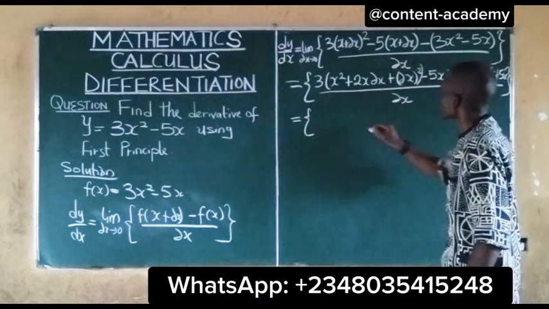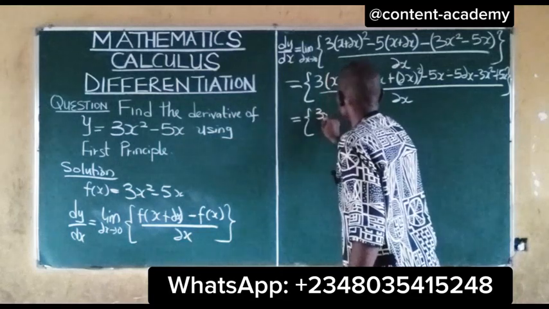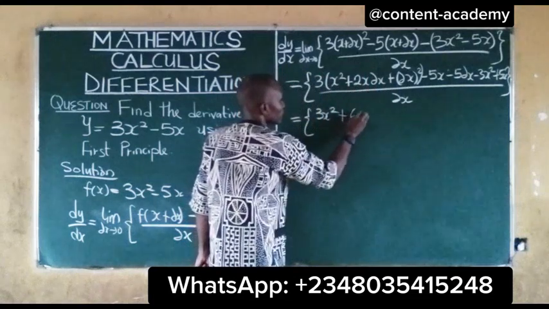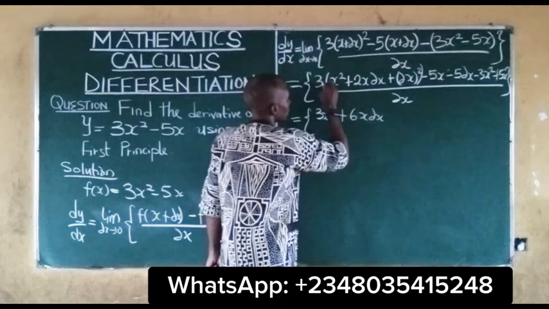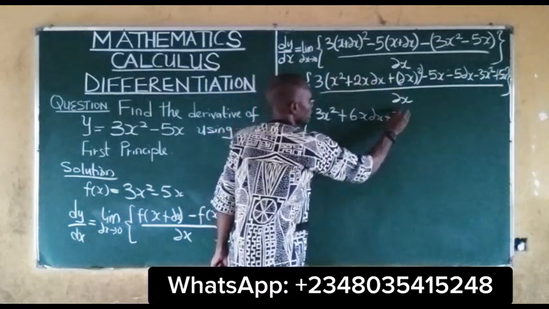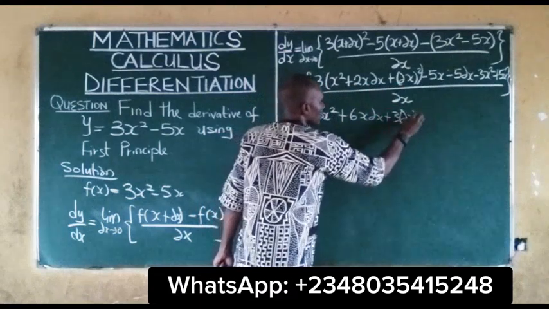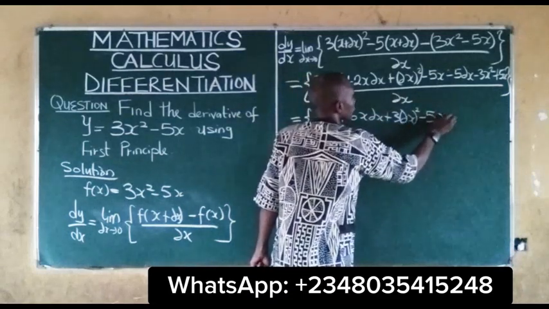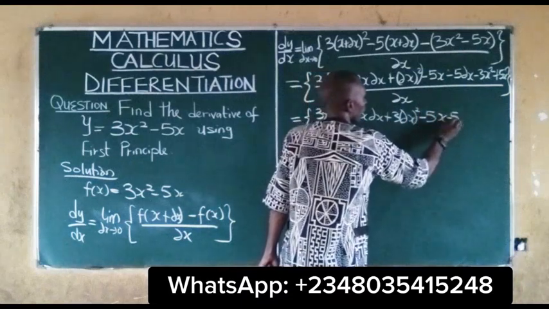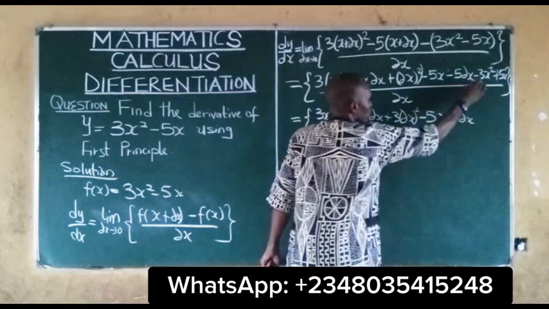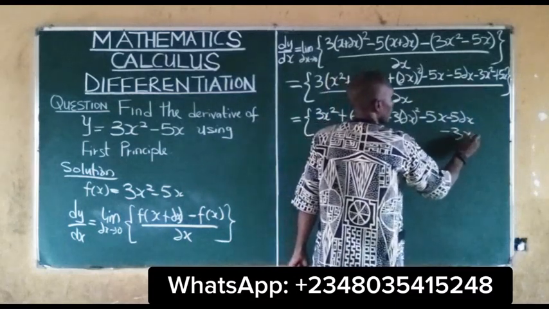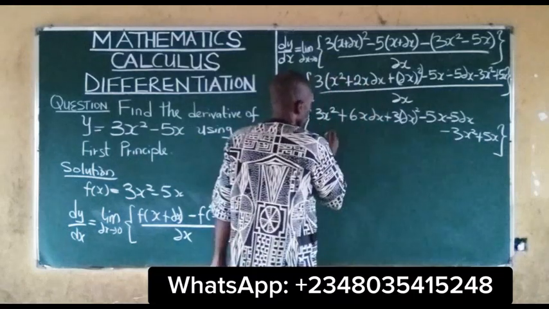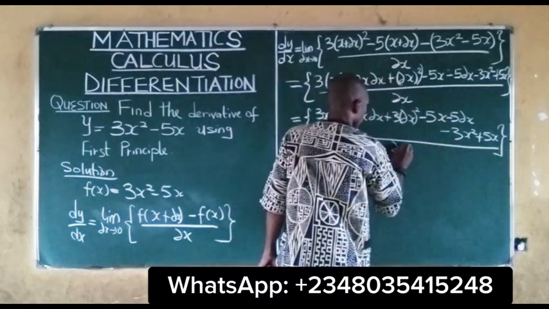We have 3x squared, plus 3 multiplied by this will give us 6x dx, plus 3 multiplied by this gives 3 dx all squared, minus 5x, minus 5 dx, minus 3x squared plus 5x, all over dx.